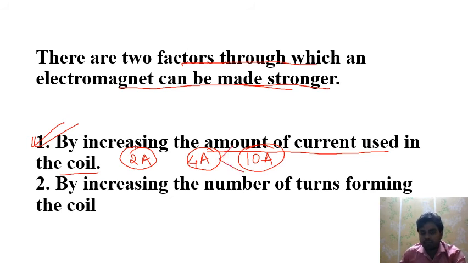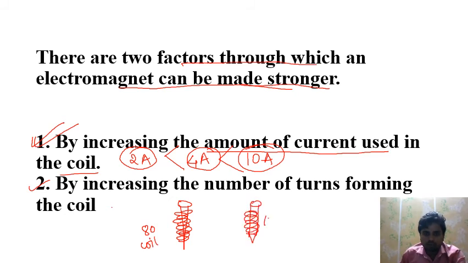Yes, in the 10 ampere coil, then the 4 ampere coil, then the 2 ampere coil. The second is by increasing the number of turns forming the coil. So if this nail has only 80 turns of coil, and this nail has 100 turns, then in the 100-turn coil there will be more electromagnetism.